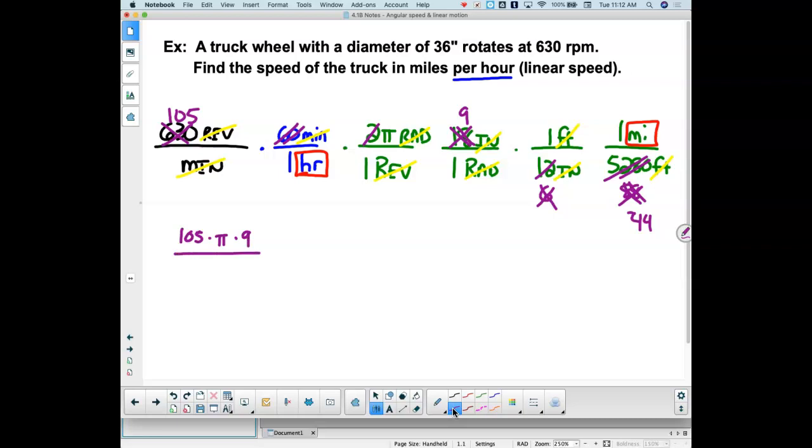On the bottom, I've got 44 is the only thing left, right? Okay. So if this were an exact type thing, if we wanted an exact answer, we would go 105 times 9 gets me 945.